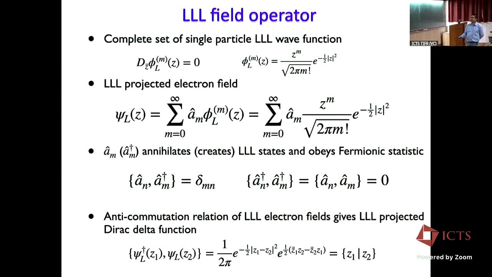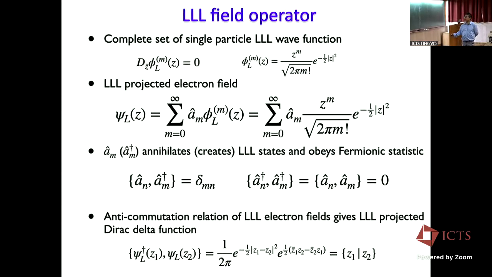If you have no lowest Landau level constraint, then basically the anti-commutation relation of the fermion field should give you the delta function. But here we have something that is not a delta function. It's a smeared delta function because of the non-commutative property of the lowest Landau level constraint.